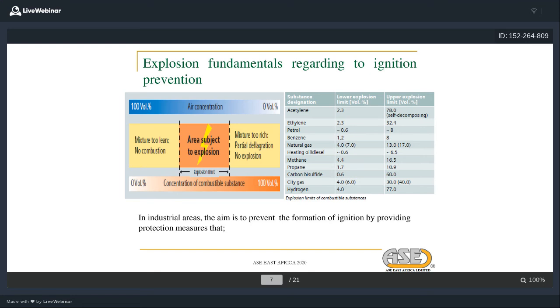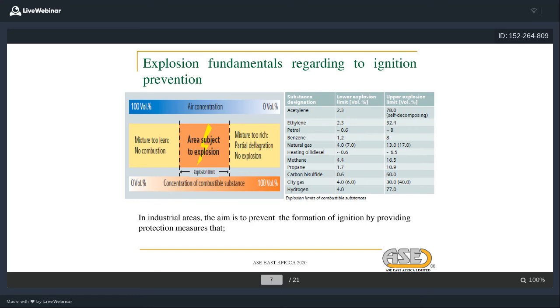We have a very large area subject to explosion, and this material can be more dangerous than, for example, propane at 1.7 to 10.9.